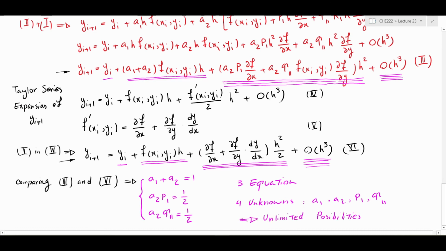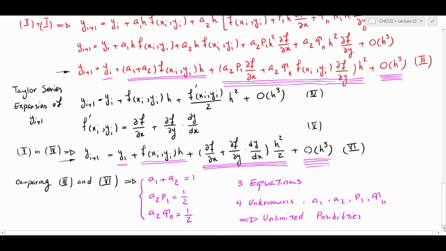So the way we would go about solving this system is we will take an arbitrary value for one of these variables, for example, let's say a2, and then with that we will have three equations and three unknowns, which makes it a well-defined system of equations, and we can obtain a specific solution for that.